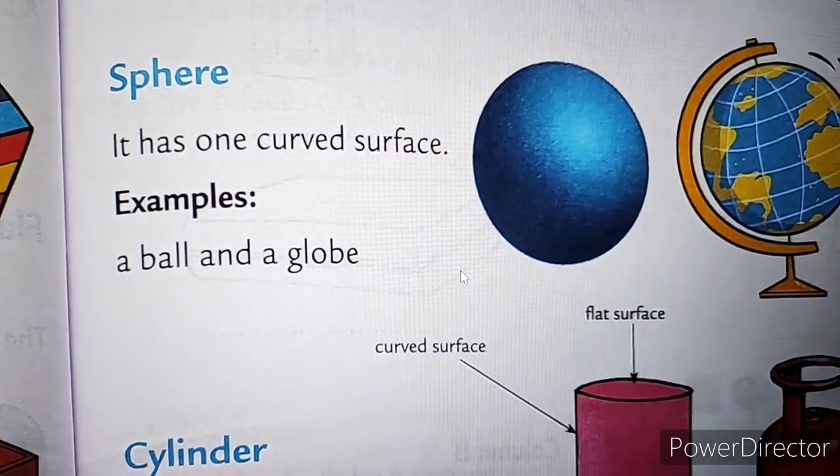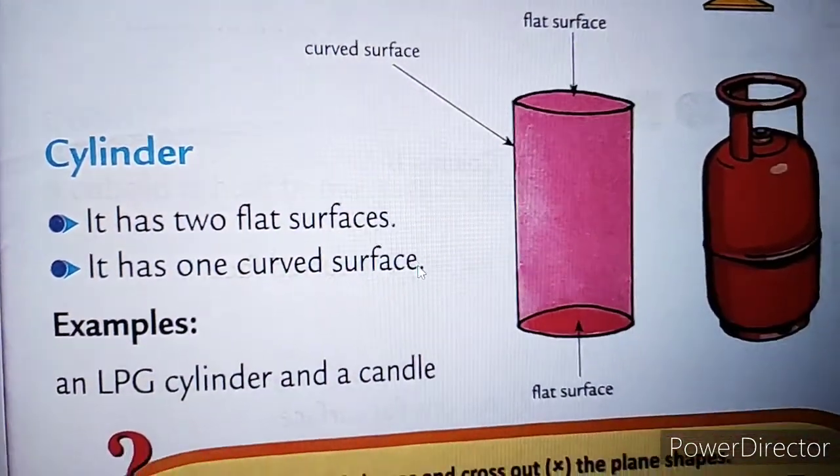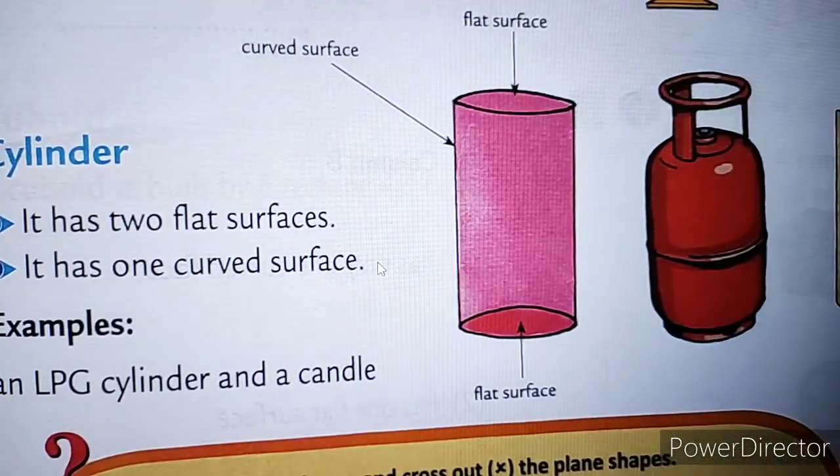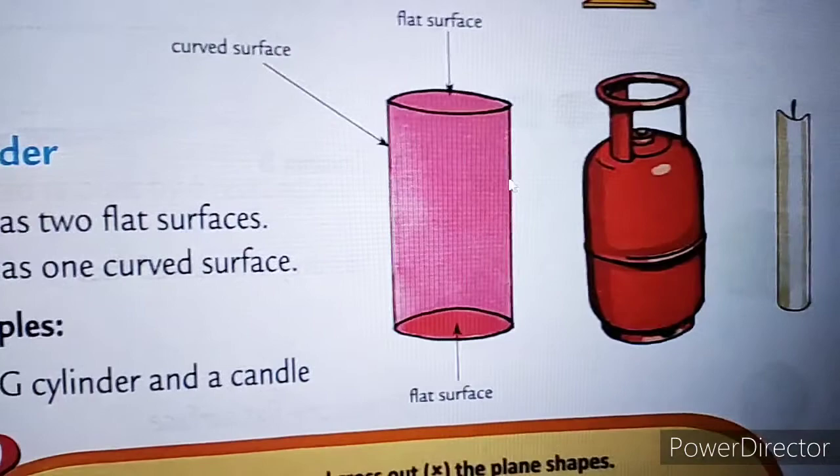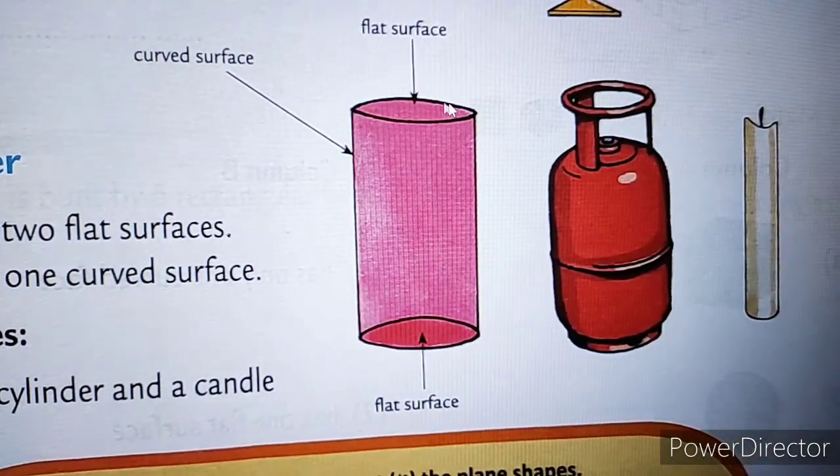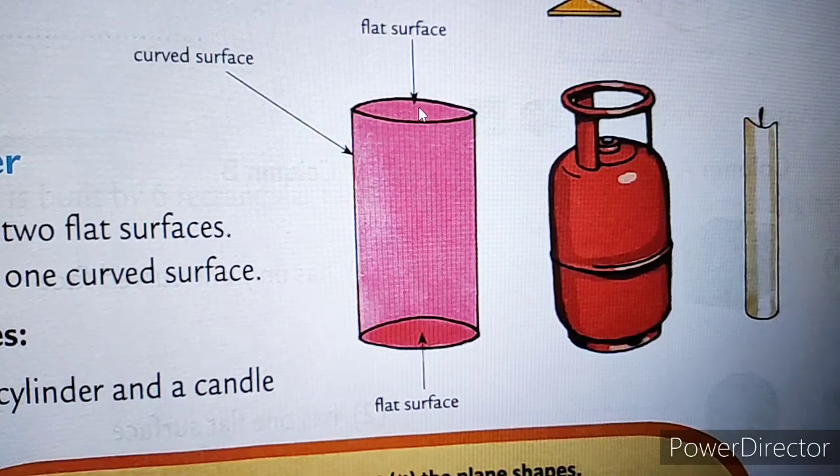Okay? So, next one is a cylinder. See, this is a cylinder. This has 1 and 2 flat surfaces, just like a circle. One circle and a second circle. These circles make its flat surfaces, this side and this side.